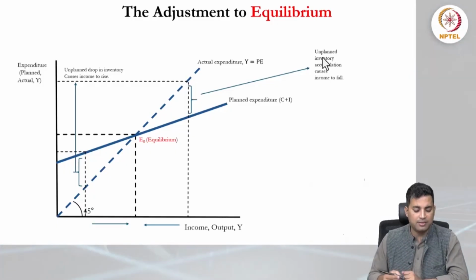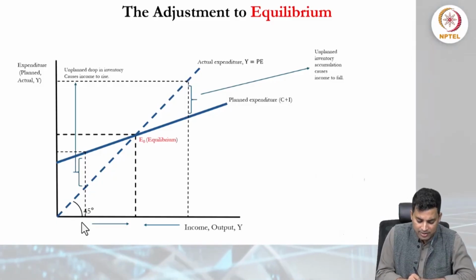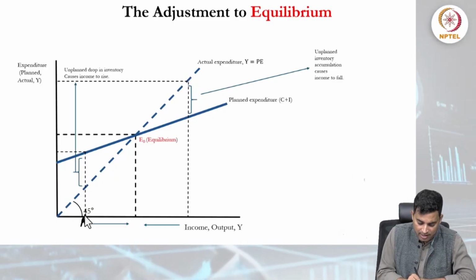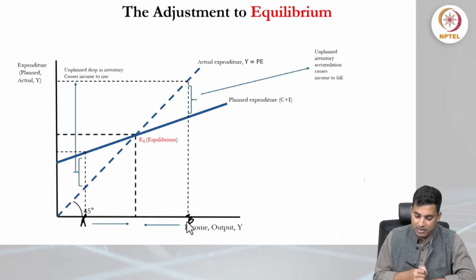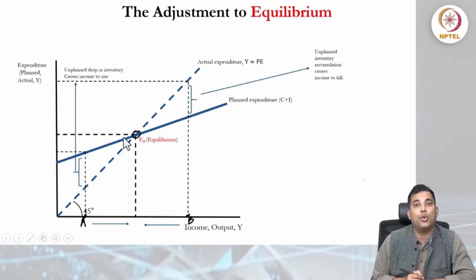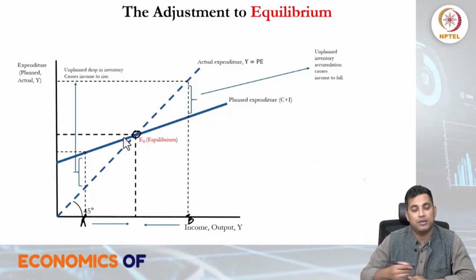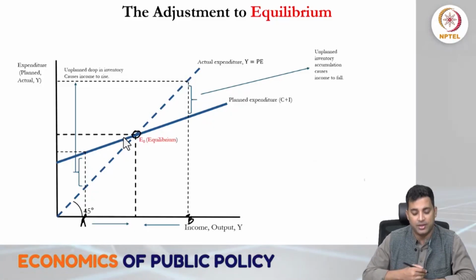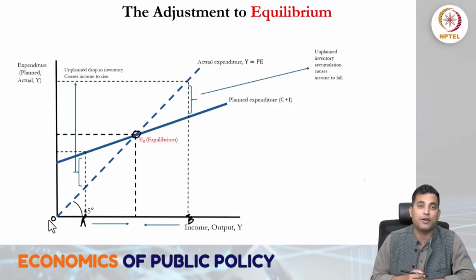We already know this because we had already drawn it, but let's take two points here. One point, say, at point A, and another point, say point B. The Keynesian cross is at E naught, as we know, and the actual expenditure is a straight line originating from the origin at 45 degrees.